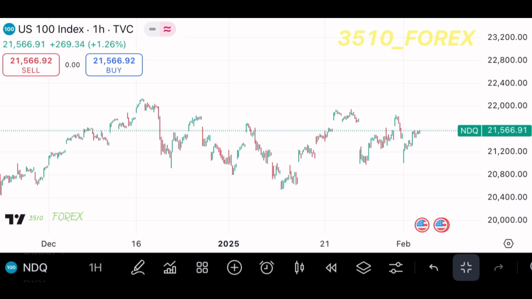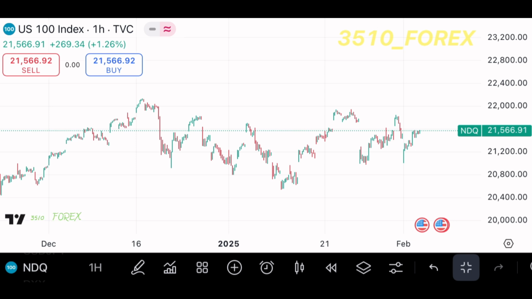A support is a price level where buyers start to buy. A resistance level is a price level where sellers start to enter the market, meaning it is where the price will start going down from the upside.